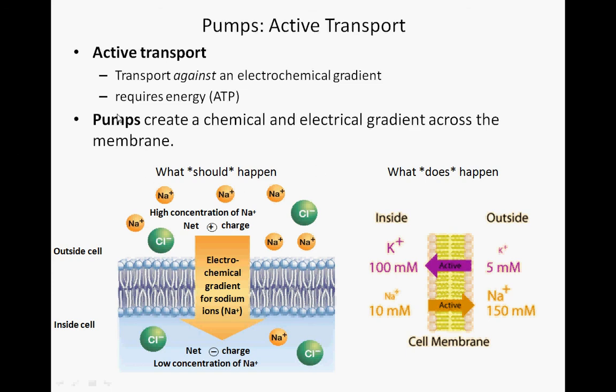The way that they work, there's a lot of details here, but they create an electrochemical gradient across the membrane falsely, and then they allow solutes to be tricked into moving from lower areas back into higher areas. A cell intentionally will use a membrane pump to mediate its own environment in a way that's favorable to it.